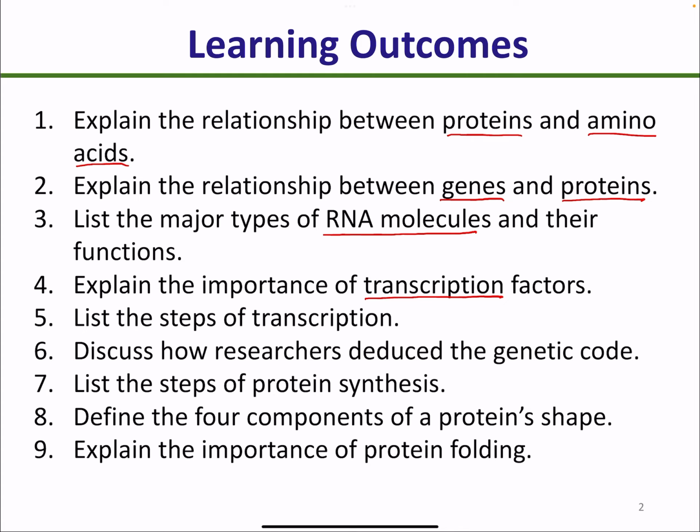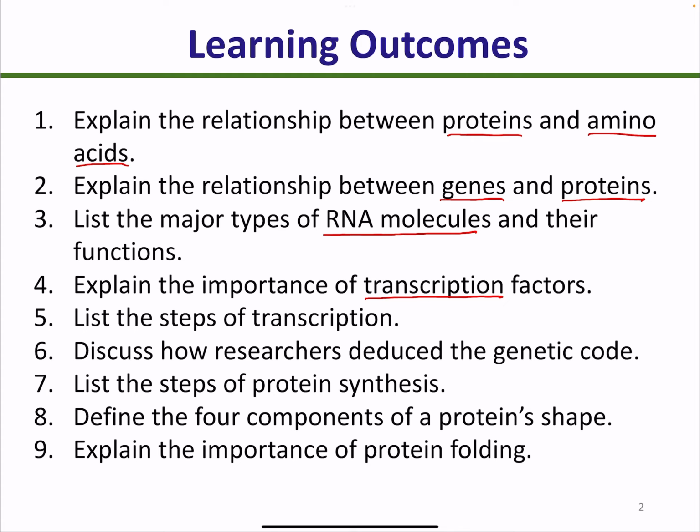We are going to dive into the steps of transcription. Then we are going to dive into how the genetic code was discovered and what it means in terms of going from DNA sequence to amino acid sequence to eventually proteins.